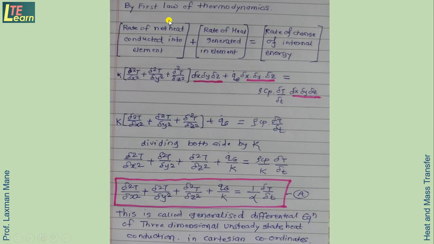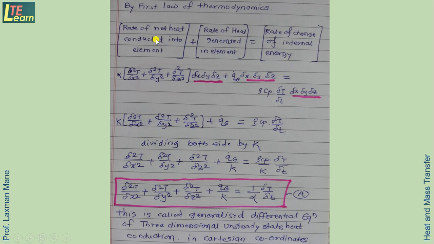Now as per the first law of thermodynamics, the energy balance, meaning heat balance, can be written. Here it will be the rate of net heat conducted into the element plus the rate of heat generated in the element. The summation of these two heat energies will be equal to the rate of change of internal energy.